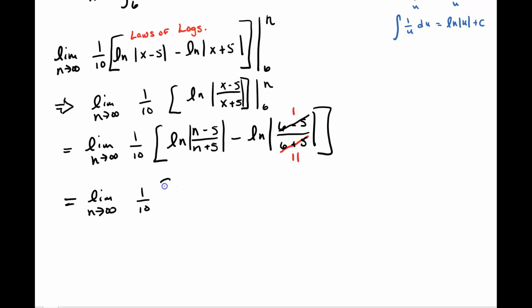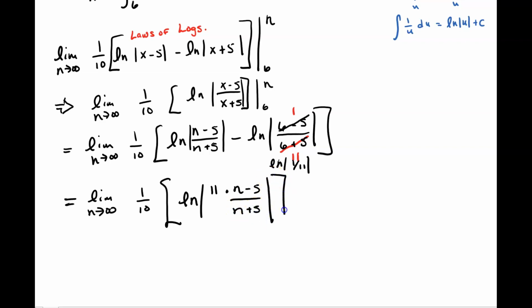So let me write this out for you, the natural log of 1/11. All right, and again, laws of logarithms apply, so we're going to have to divide, but when we divide by 1/11, it's the same as multiplying. So we're going to have the natural log then of 11 times (n minus 5) over (n plus 5).